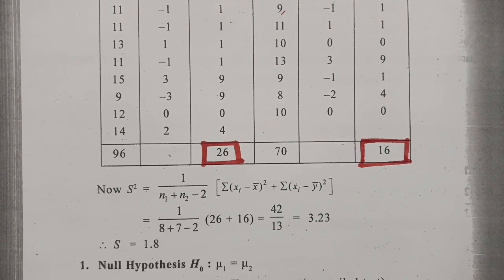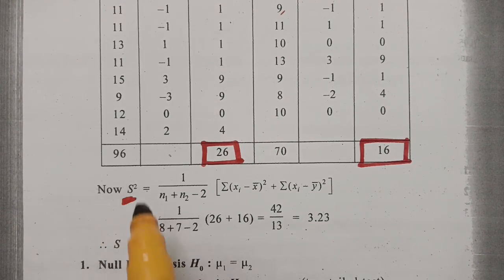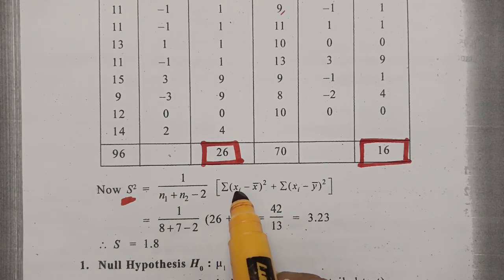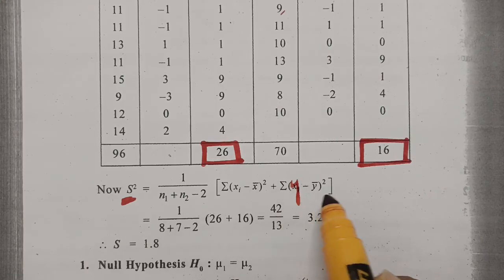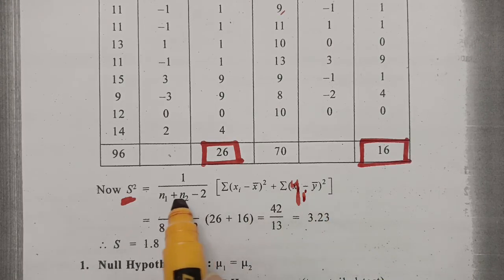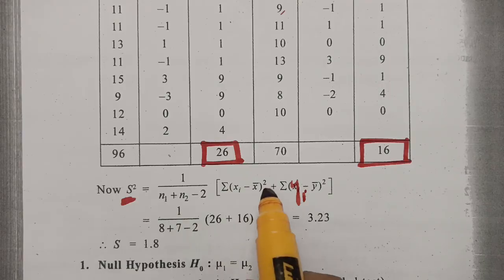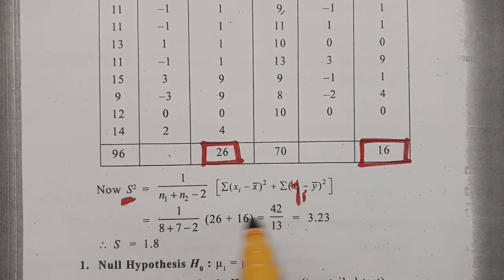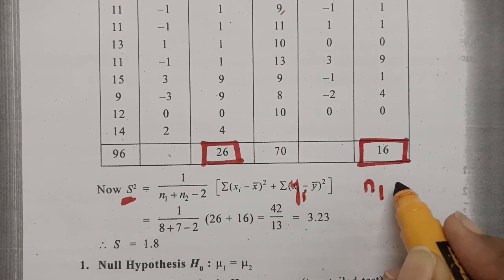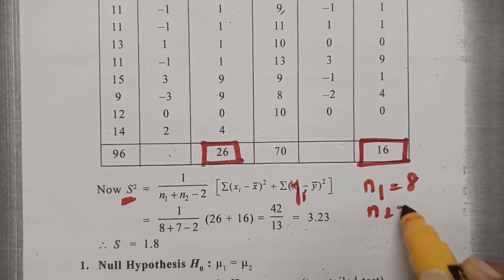So we need the standard deviation. First of all I am going to find out the variance. s square is equal to sigma (xi minus x bar) whole square plus sigma (yi minus y bar) whole square divided by n1 plus n2 minus 2. The total here is 26, the total here is 16, divided by, what is n1 here? n1 is equal to 8 and n2 is equal to 7.